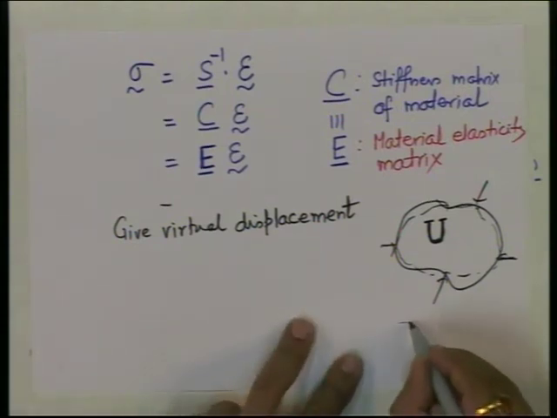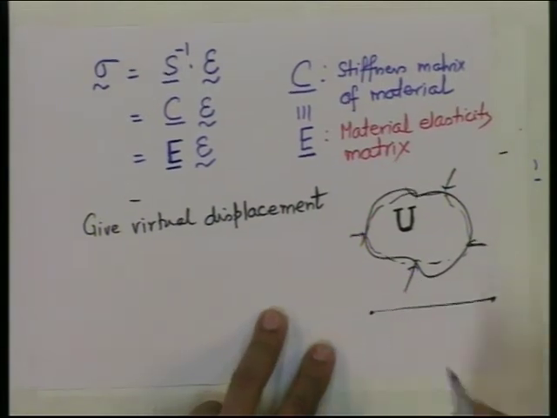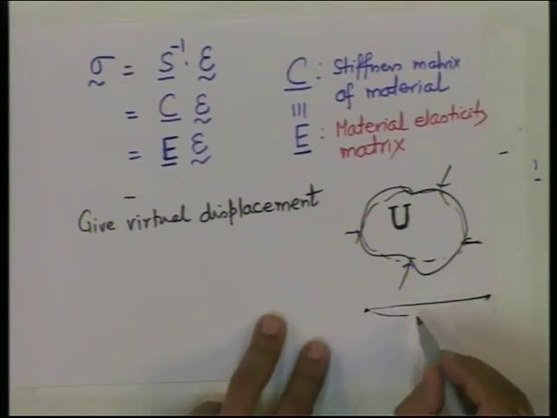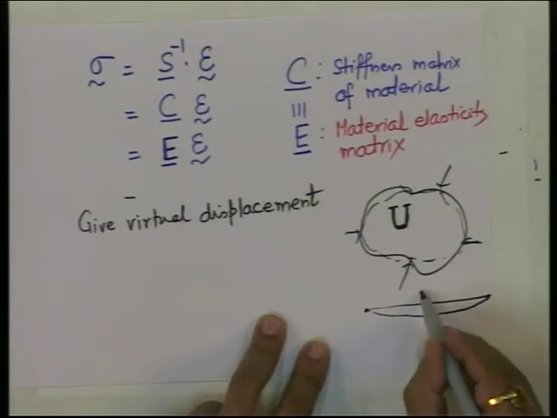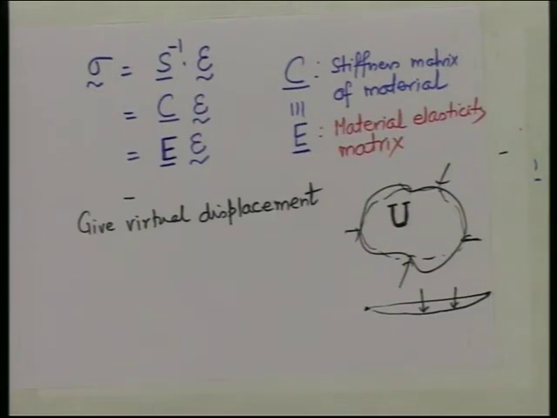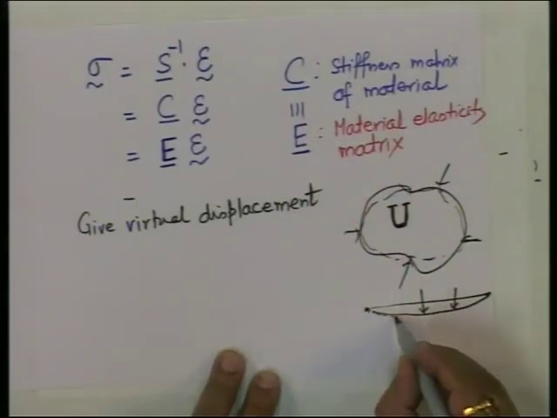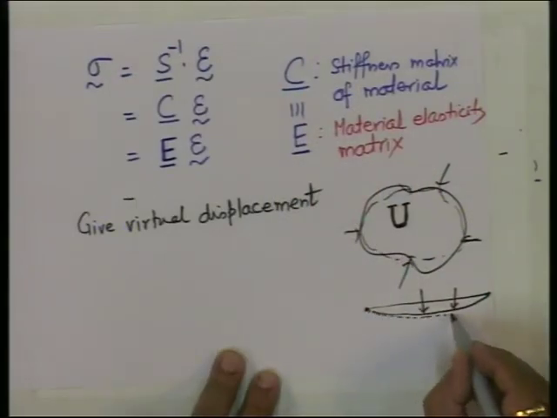For example, if there is a beam supported at two points, under the action of load it is already deflected, so the beam has strain energy stored in it. Then I am saying give a virtual displacement consistent with the constraints.